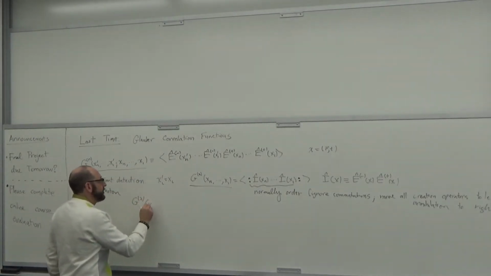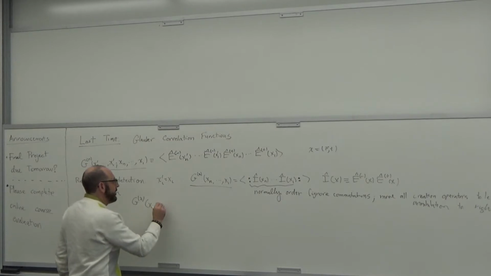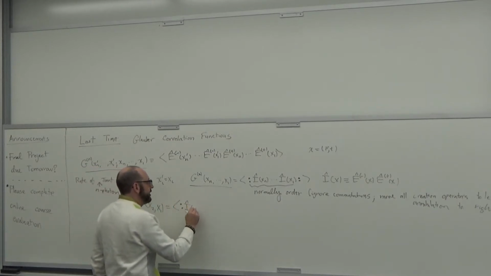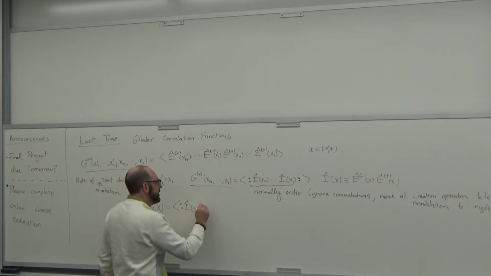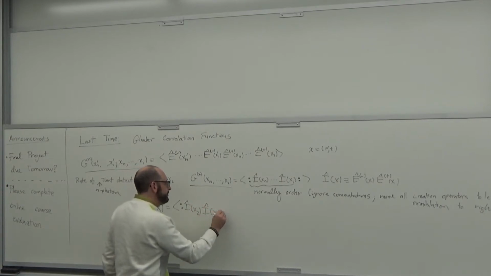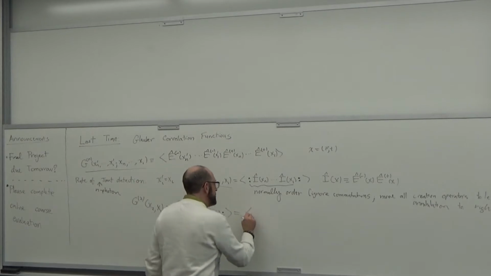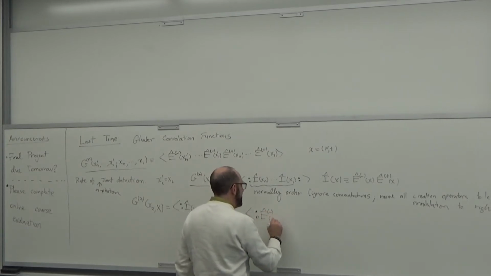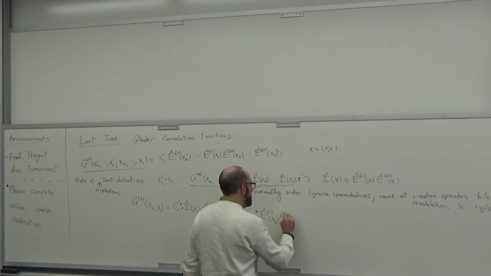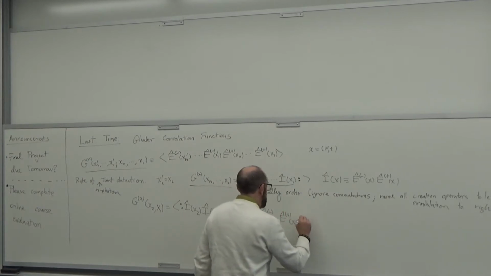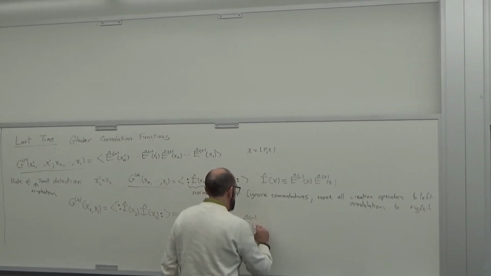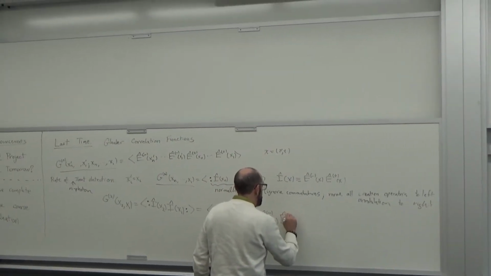So for example, G2 of x2 and x1 is the normally ordered product of the intensity at spacetime point 2 and spacetime point 1, which is the normally ordered product of the intensity, E minus E plus at spacetime point 2 and the intensity at spacetime point 1.